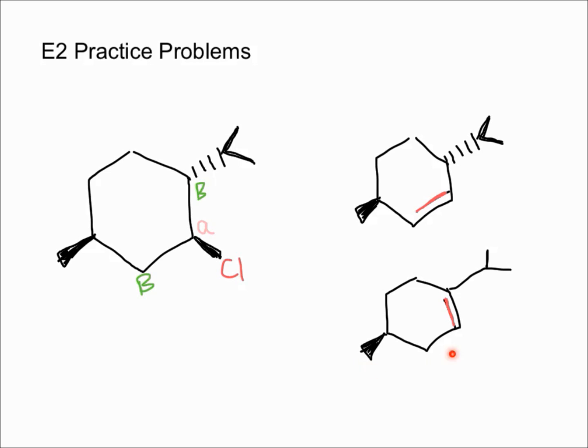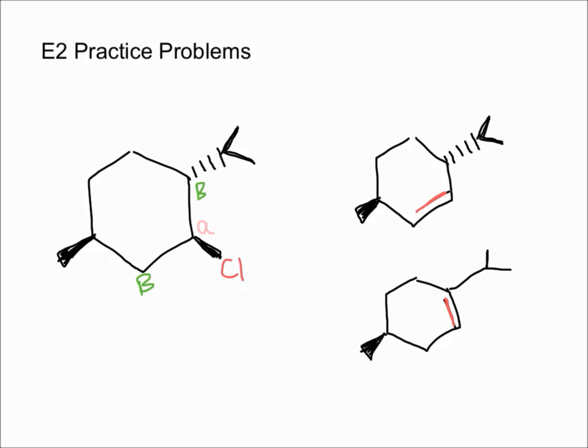However, the bottom one would only form if a hydrogen on this beta carbon was removed. With the dashed and solid wedges, you can see that this group right here is going to be anti to the leaving group, which is the chlorine, and there's no way to change that.